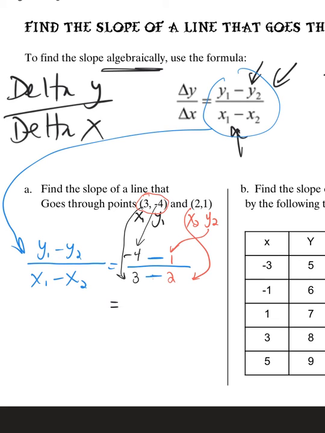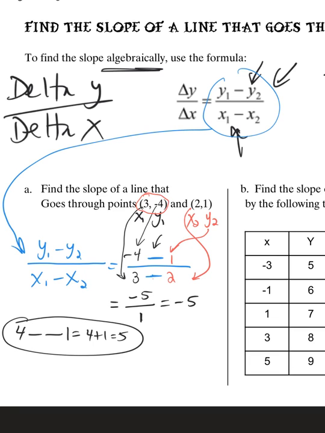Once I simplify this, -4 combined with a -1 is -5. 3 minus 2 is 1. So the slope for this line is -5. Remember that you cannot change this symbol to a positive symbol. That only would happen if you had 2 negatives with nothing in between, like an example like this, that is when you would change this to positive and have a positive outcome, but this is not the case. Just a little bit of a refresher.